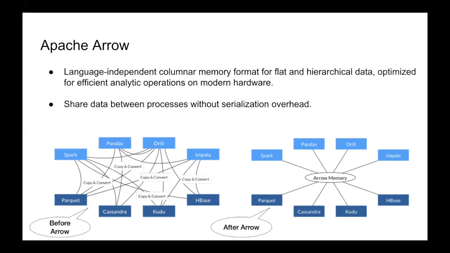Apache Arrow started as a language independent columnar memory format for zero copy data exchange, but it then grew into a complete framework of data analytics components.